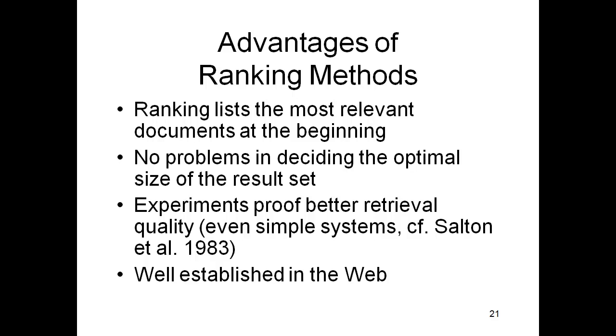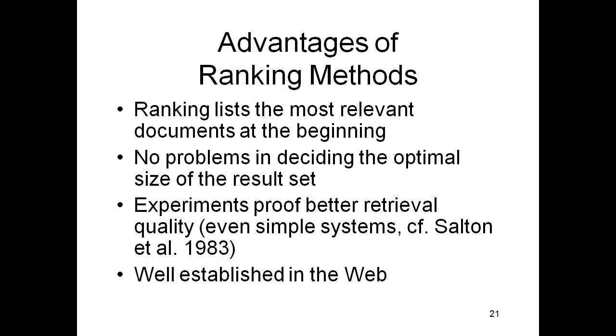Of course, we have better retrieval quality, which has been proven in the 70s and 80s already, the 1970s, by Salton, for example. And this was well researched, but nobody cared. And systems still continued to be Boolean. Commercial systems in the 80s, even early 90s.